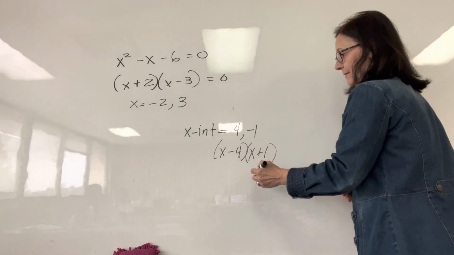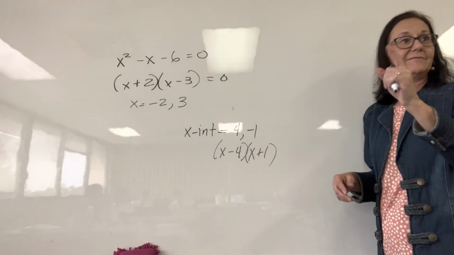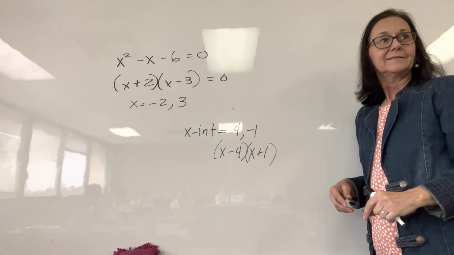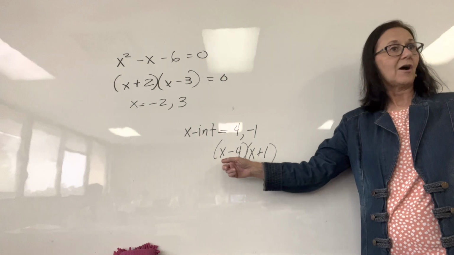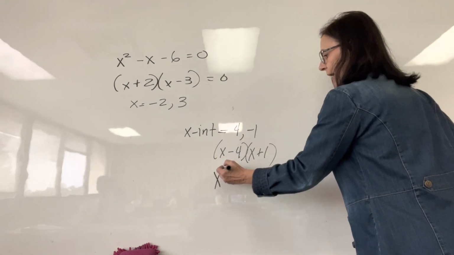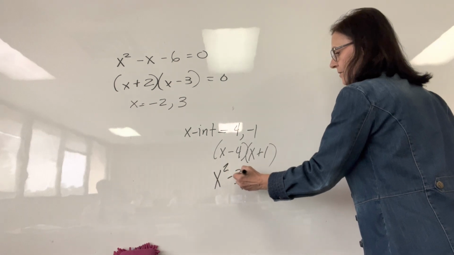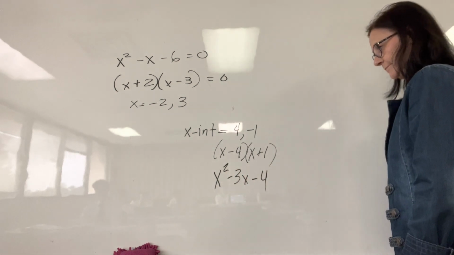Plus, because it's minus the value. It's the opposite. Remember when we graphed it, the number with x is always the opposite? It's the same every time. All right, so yes, it would be x squared minus 3x minus 4.